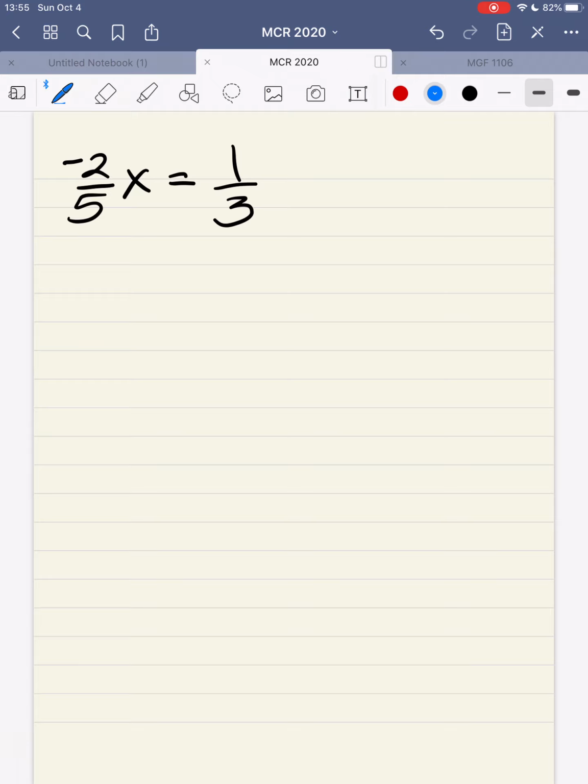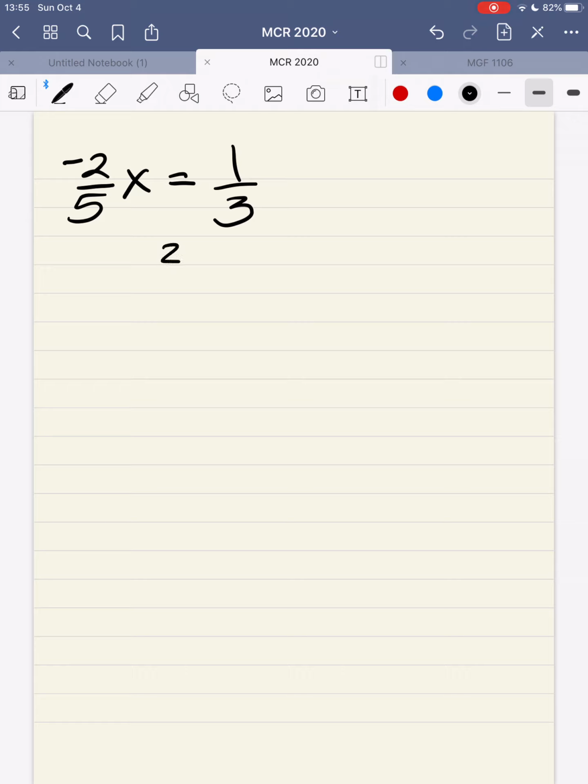And I have negative 2/5 x is equal to 1/3. Okay. Now, first of all, if we have a negative with our x, we have to go ahead and multiply by another negative, because negative and negative gives me a positive. Right?